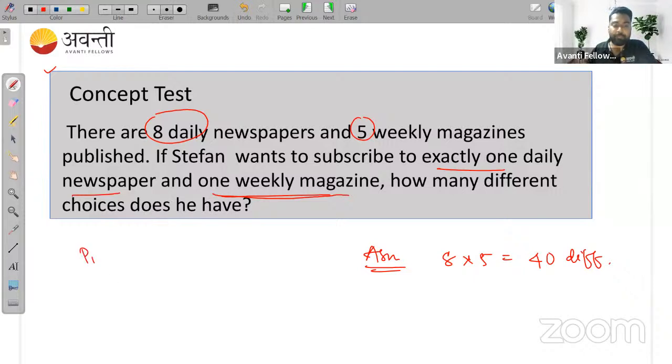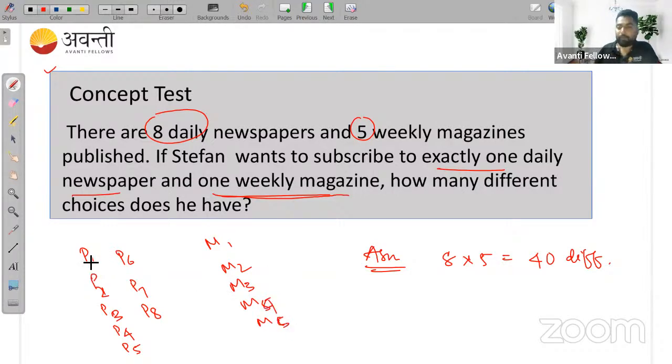Suppose we have 8 daily newspapers, P1, P2, P3, P4, P5, P6, P7, P8, and 5 magazines, M1 to M5. For P1, he can choose M1, M2, M3, M4, or M5.